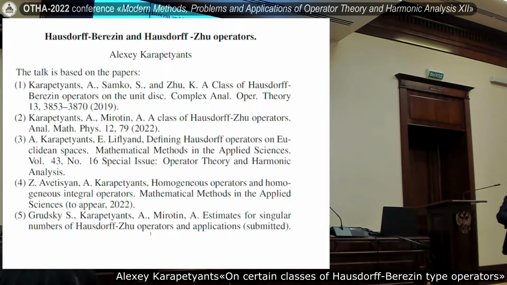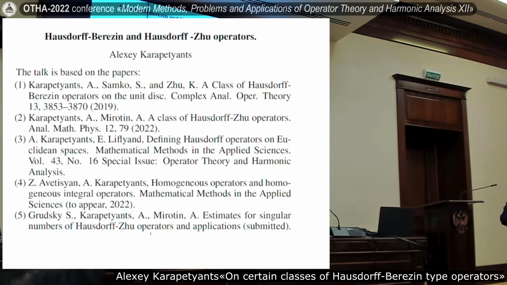You can see five papers. I will base my talk on them, but not all of them in detail. Mostly I will speak about the first paper by Karapetyants, Samko, and Kehedzu, and the recent paper by Karapetyants and Merotin.